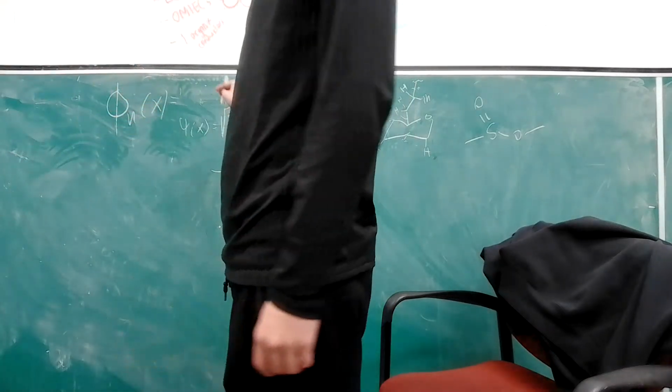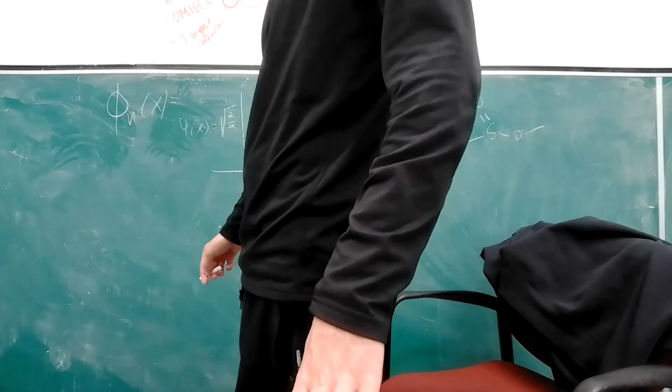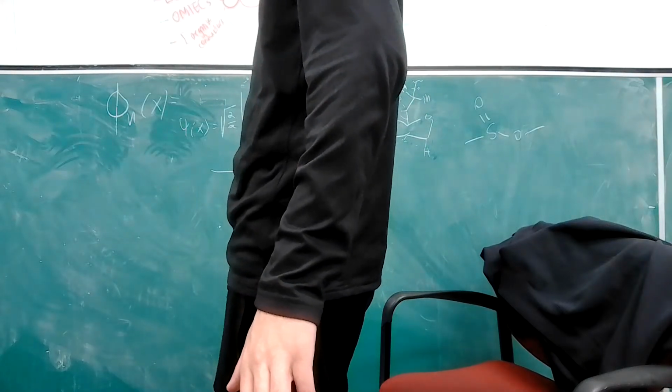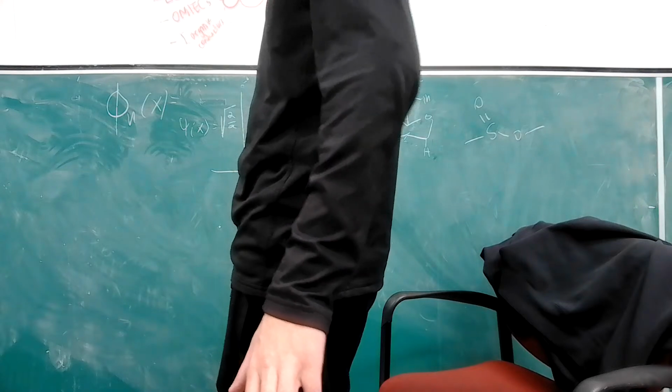If you have a particle in the box centered at 0, which is what the problem gives you, that won't work. The eigenfunctions are sine functions and cosine functions. So what you actually have to do is shift your box by a over 2 to have one end at 0 and the other end at a.